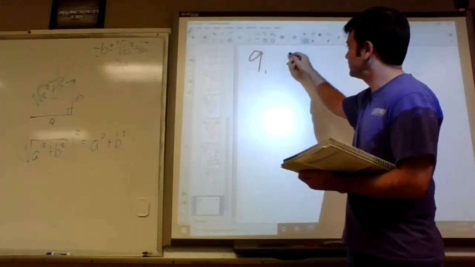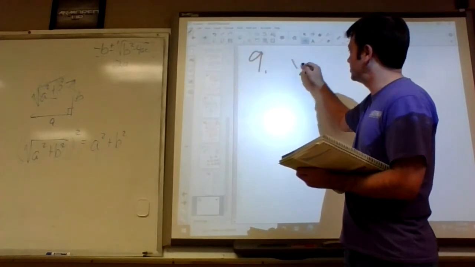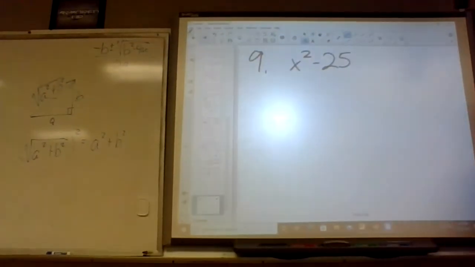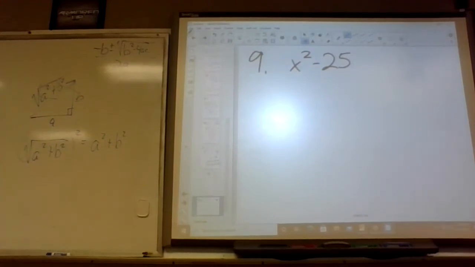Number 9. Let's do x squared minus 25. We have not done one of these today. Can anybody tell me how? Raise your hands. Did you square root them?